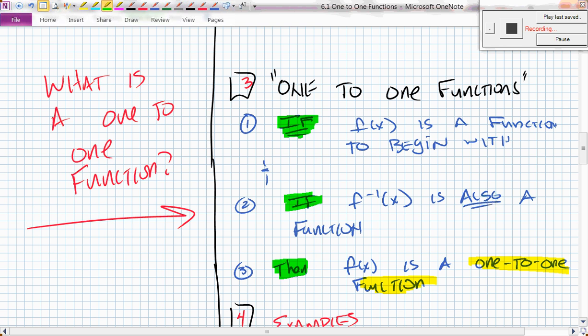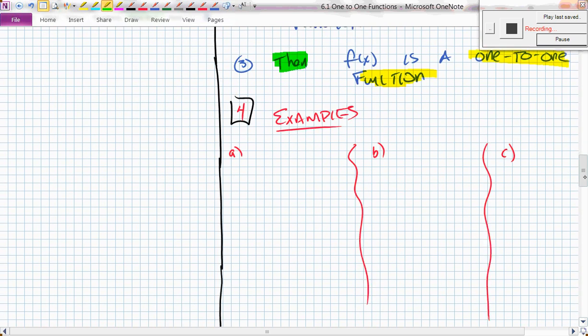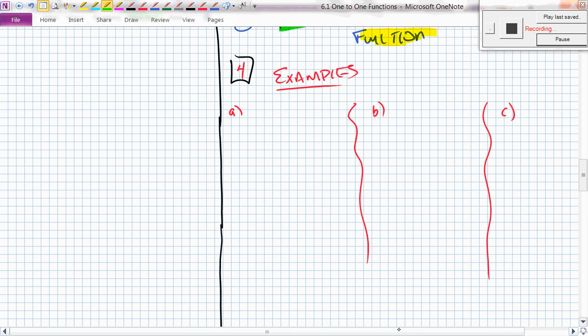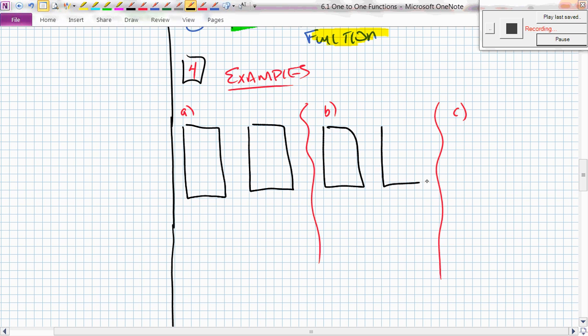Yeah. All right, good. So let me give you some examples with this. I have 3 things set up here. I have example A, B, and C. And what I'm going to do is give you some pictures, 2 pictures for each one here. So go ahead and set this up. In the first picture, the first box is always going to represent domain, and the second box is going to be range.